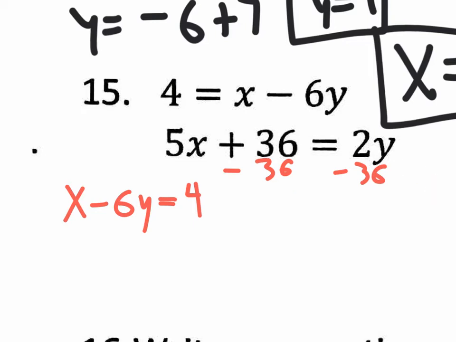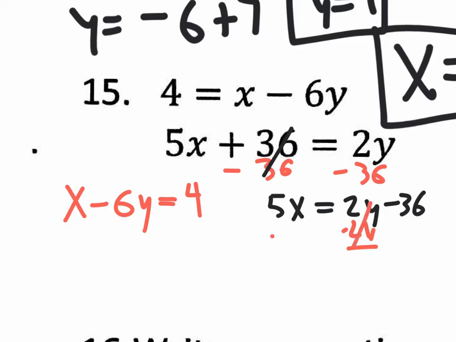When I subtract 36 on both sides, I'll end up with 5x equals, because that cancels, 2y minus 36. And to move the 2y over, I'm going to subtract 2y. That'll cancel out. So you're going to end up with a new standard form equation that reads 5x minus 2y equals negative 36.